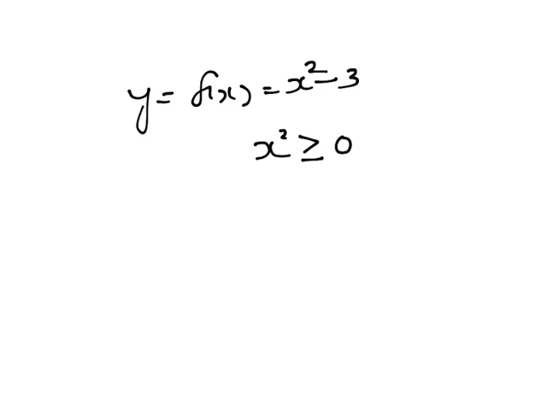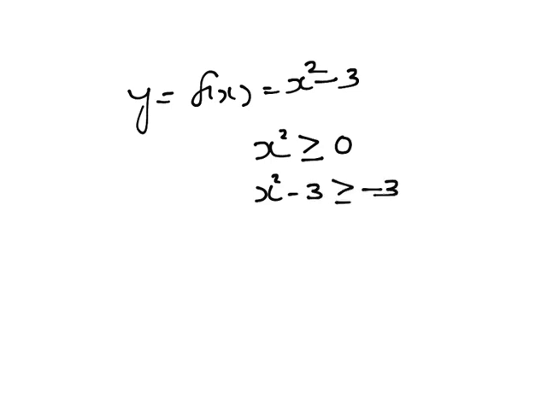Okay, let me give you another quadratic function. f of x equals x squared minus 3. Here again, we know that x square is greater than or equal to 0. I'll write this as y. Basically, I want to know what values y can take. So x squared minus 3 should be greater than or equal to minus 3.